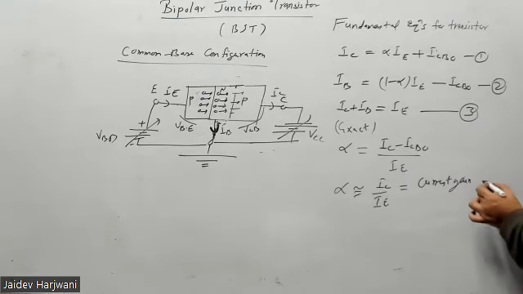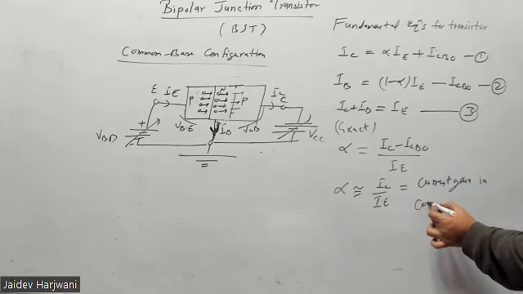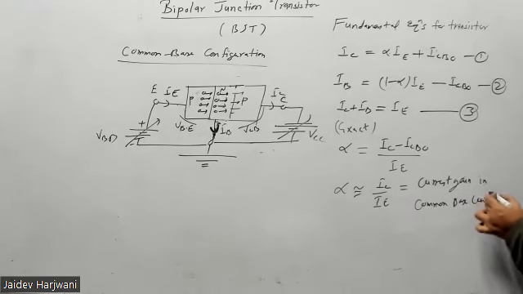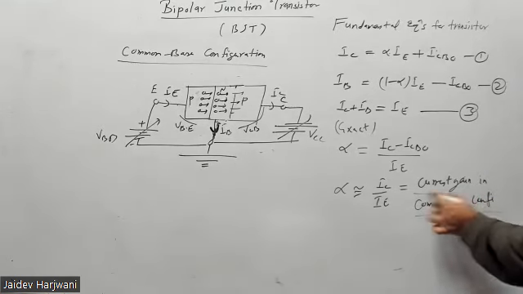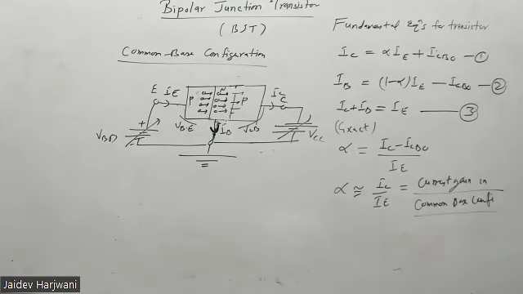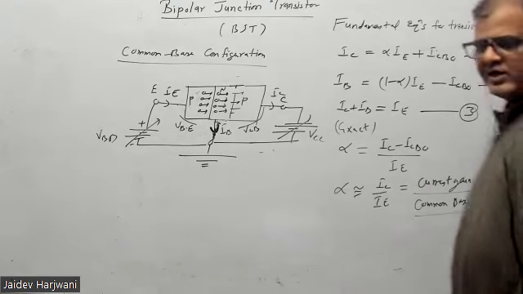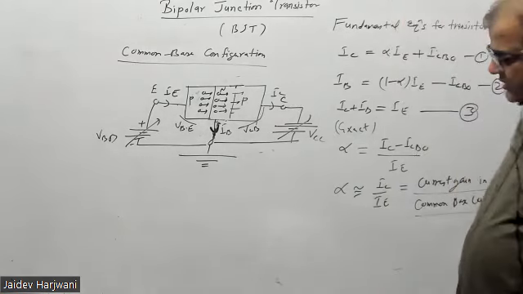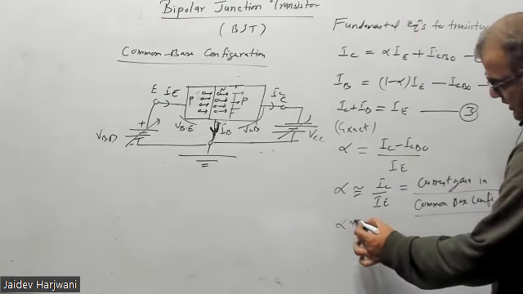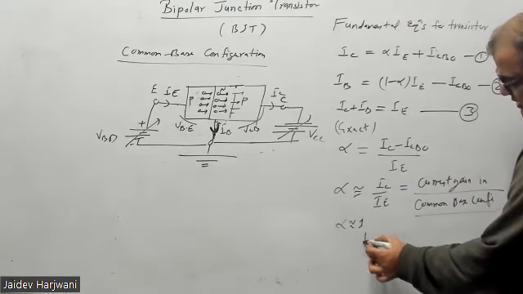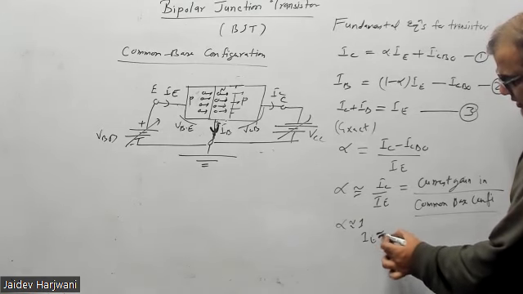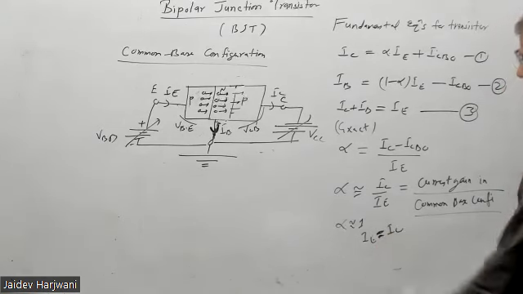So this is the current gain in common base configuration. That means you have to remember the current is almost the same. Input and output currents are almost the same in this configuration because alpha is close to 1. That says IE, the input current, and output current IC are both the same in this configuration.